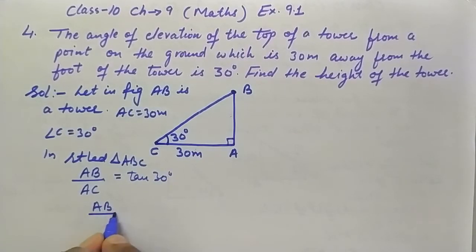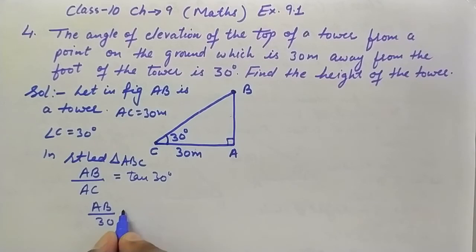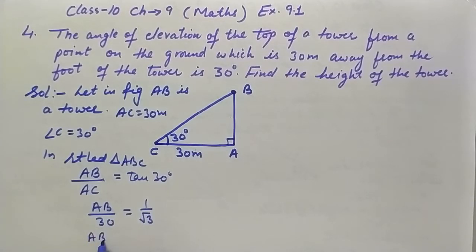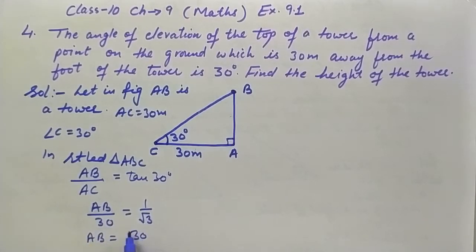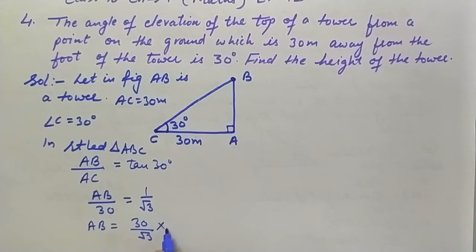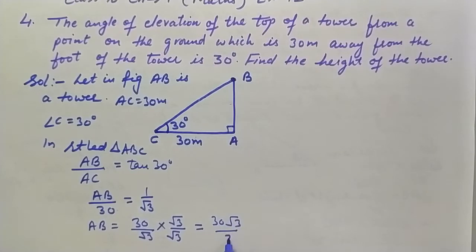AB over AC, which is 30 meter, is equal to tan 30, which is 1 by root 3. Okay, so now we'll find the value of AB. So AB will be 30, this is cross multiplied, so 30 over root 3. Now you can do rationalization, so multiply up and down with root 3. So it is 30 root 3 over 3.